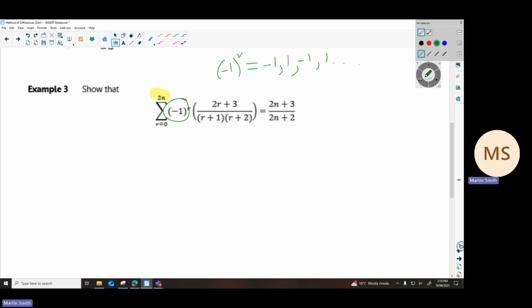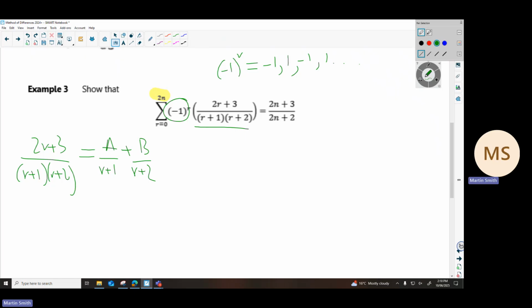To do this, the first thing I'm going to do is split this into partial fractions, and then we'll try using the method of differences, and we'll bear in mind this bit here. So I know that (2r plus 3) over (r plus 1)(r plus 2) should be able to be written as A over r plus 1 plus B over r plus 2.